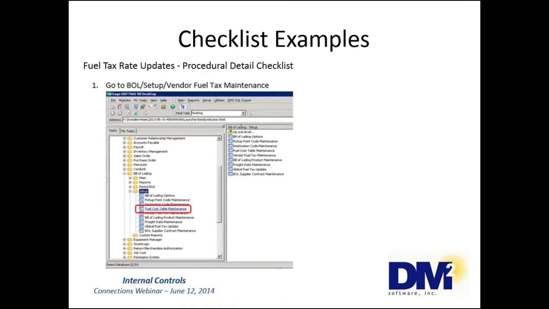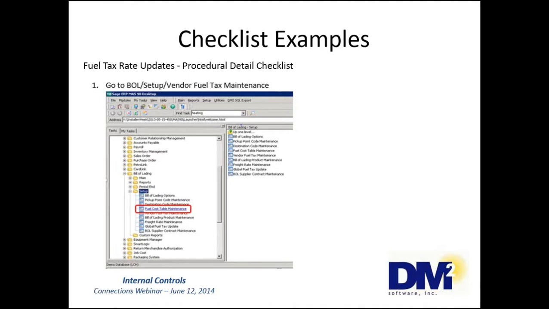Our first example is a more detailed procedural checklist for a fuel tax rate update. We are walking through step by step each area the user will need to go into in order to not only determine whether or not rates need to be updated, but also how to update those rates.